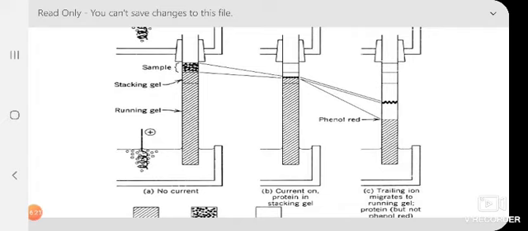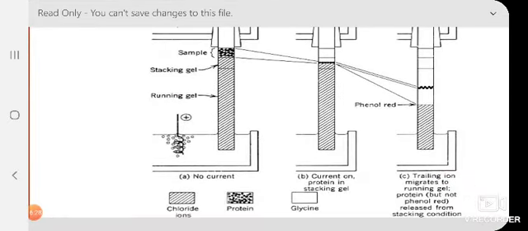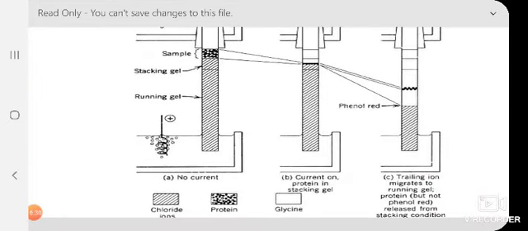It's an impossible situation. Otherwise, what will happen? The electricity will drop here, sorting will start and it will disturb. In order to run these three anions at a steady velocity, a spontaneous electric potential will generate inside this gel.